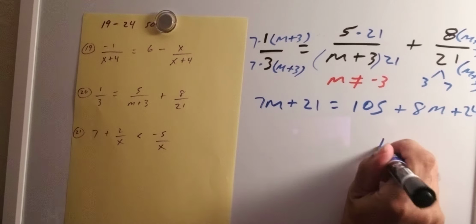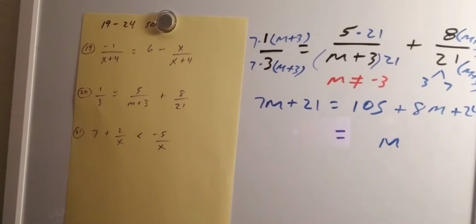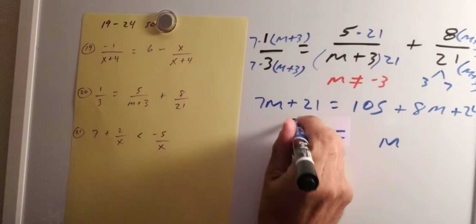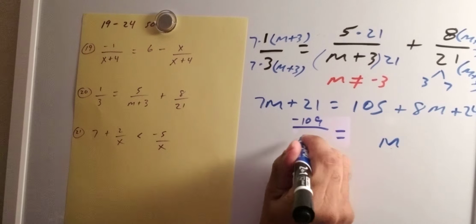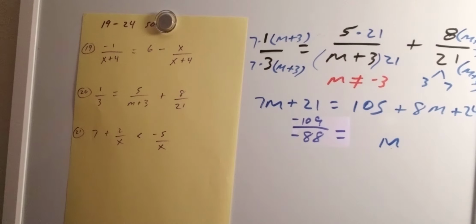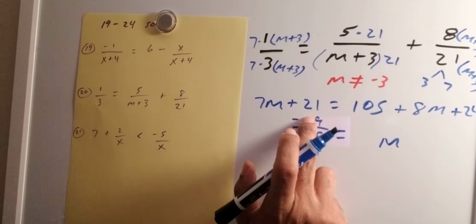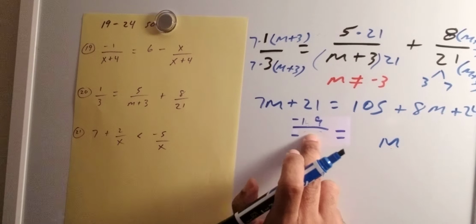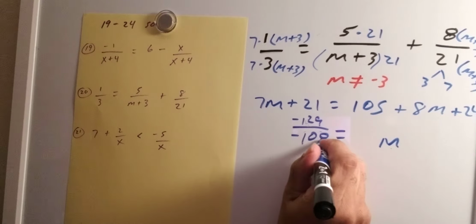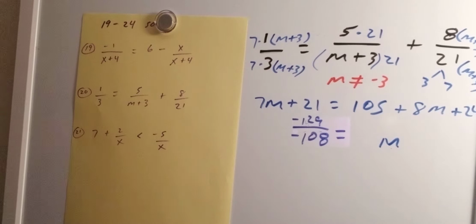All right, so we'll have an m on the left after subtracting 7m, and 109 subtracted gives us negative 88. That's 129. That will give us negative 108. Okay, that will take care of number 20.